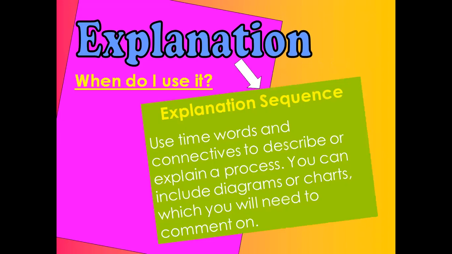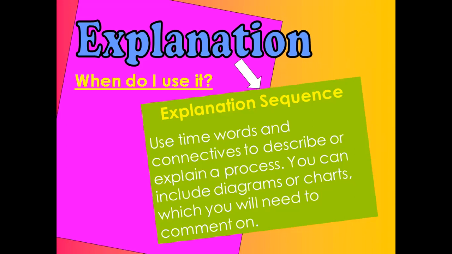The second step is the explanation sequence. You need to think of the steps that you are going to write your explanation in. For example, you will use the time order words like first, next, after that, and the connectives why and because, and also you need to explain the cause and the effect.